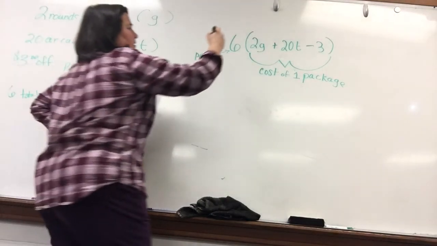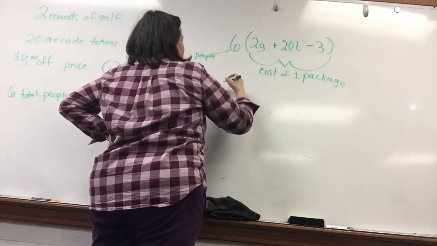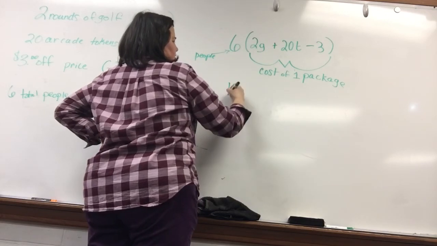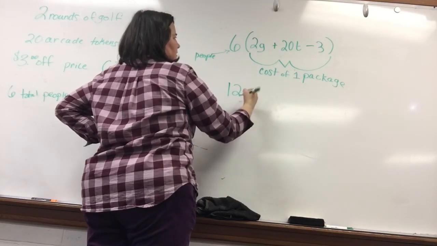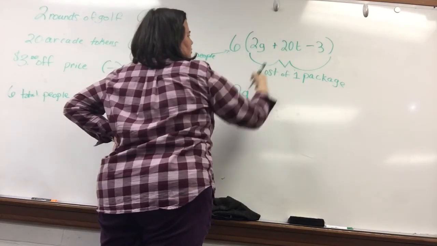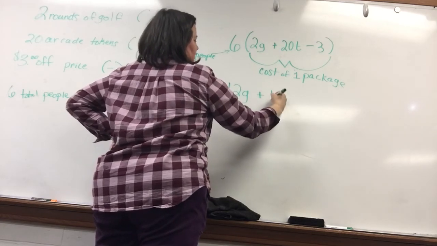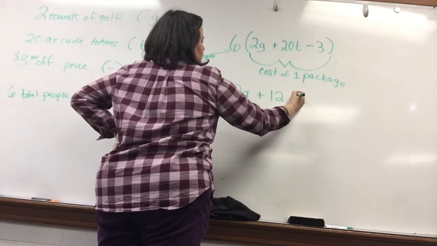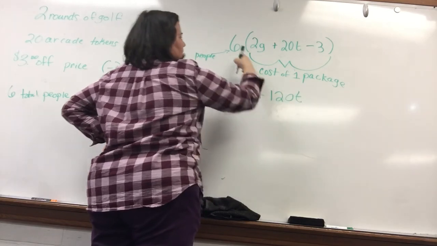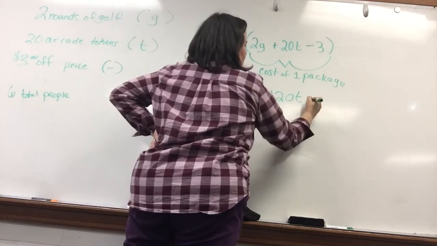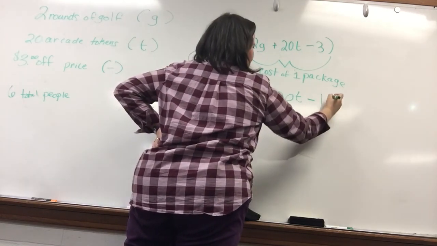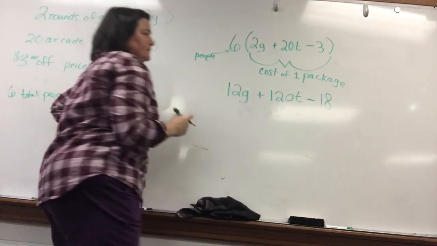Distributive property, right? So we can multiply 6 times 2, which is going to give us 12G. We can multiply 6 times 20, which is going to give us 120T. We can multiply 6 times -3, which is going to give us -18. Okay?